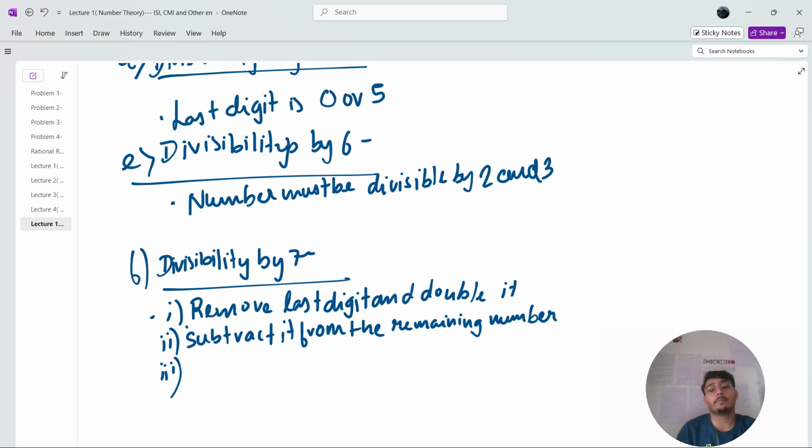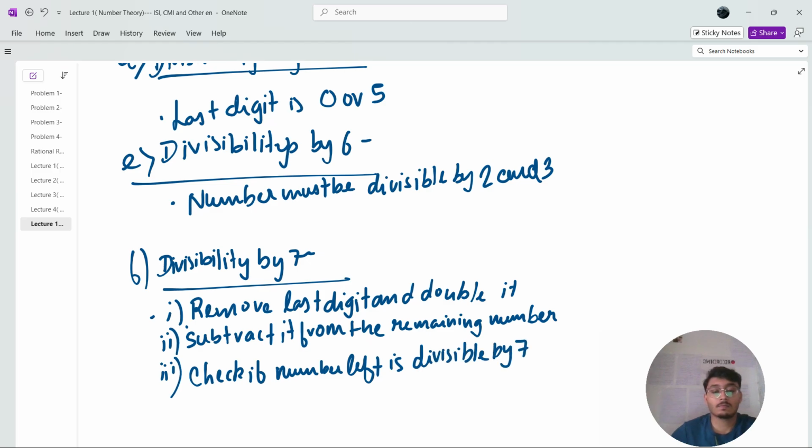Check if the result is divisible by 7. If yes, then stop. If no, then continue.